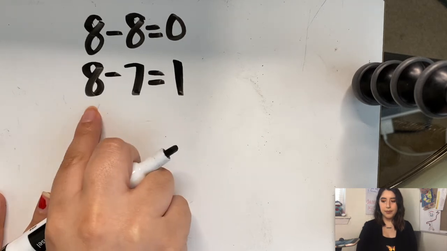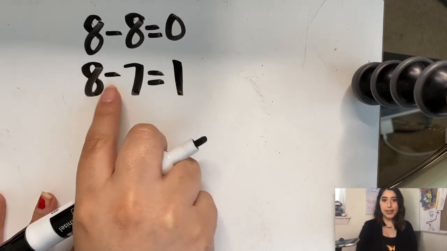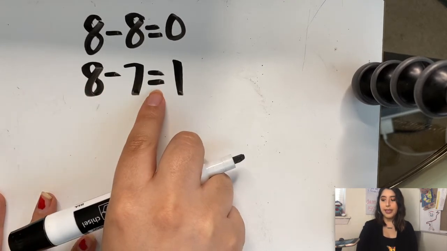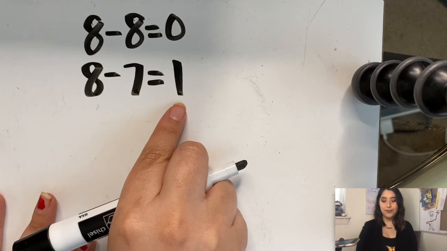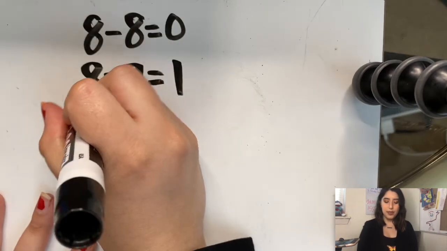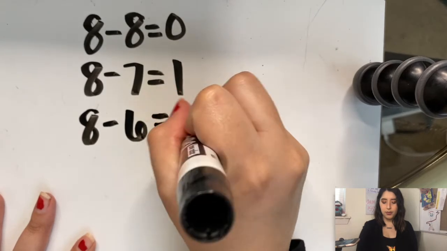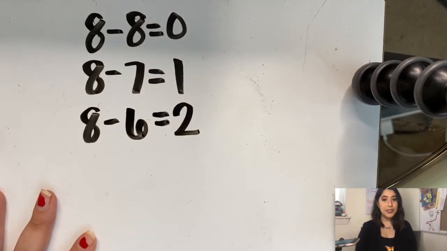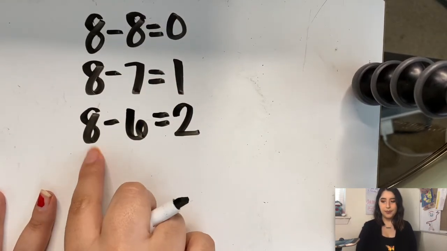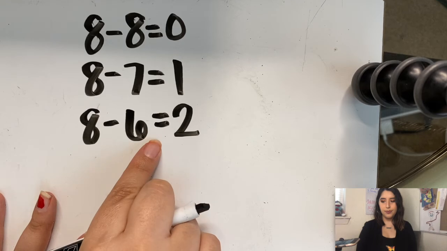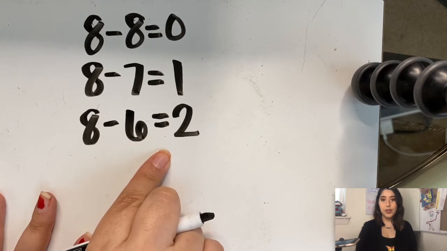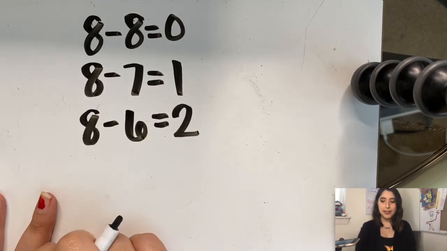Get ready. 8 minus 7 equals 1. 8 minus 6 equals. Read this one to me. Ready? 8 minus 6 equals 2.